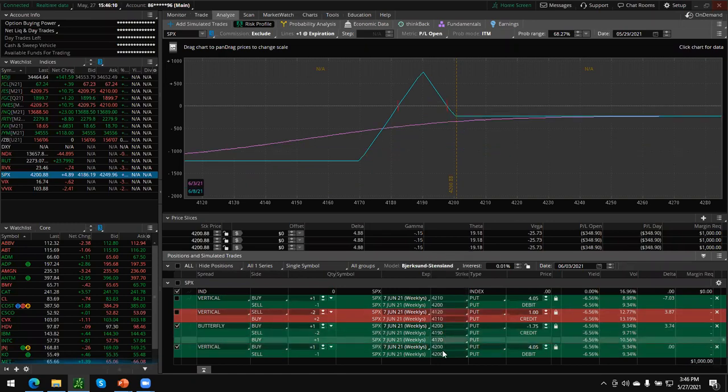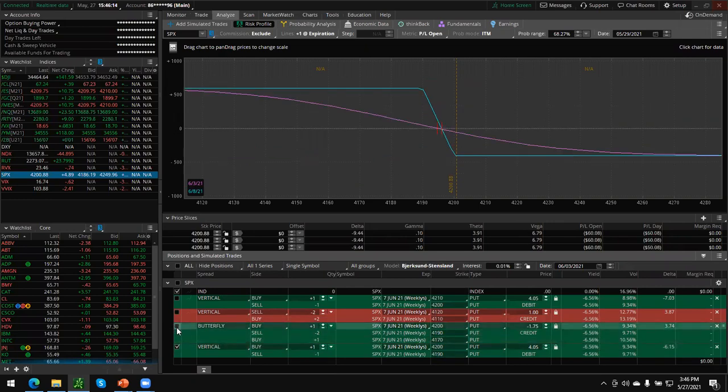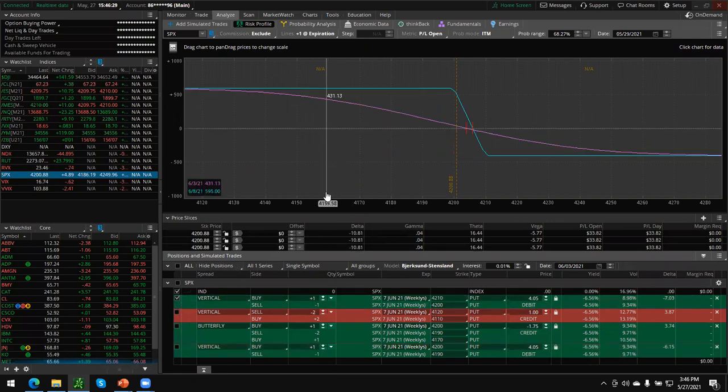So let me adjust the strikes here. There is the debit spread component of that butterfly. If the market went down to 41.60 by June 3rd, it's reading $335 on the T+7 line. Getting older, I already forgot, this one's 426.